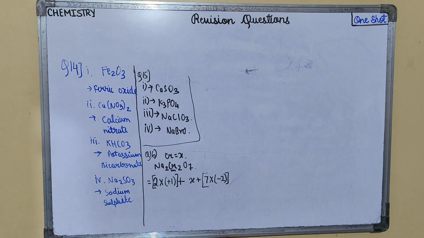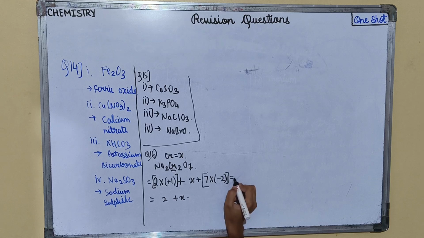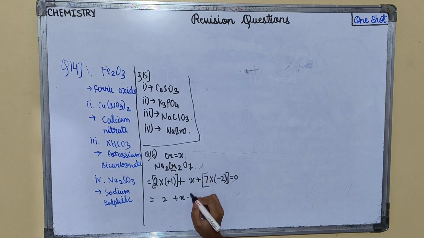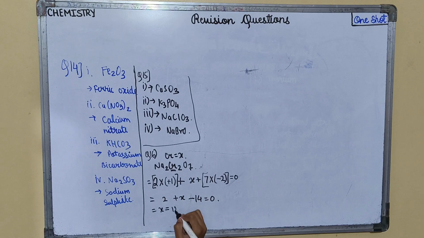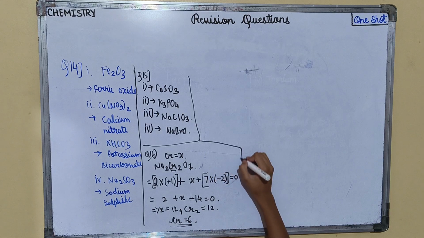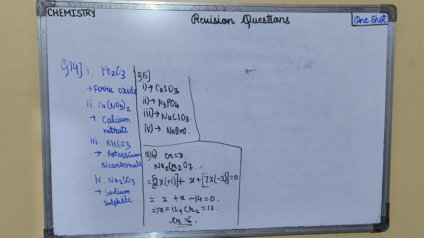Oxygen is minus 2. Then 2 plus 2X minus 14 will be equal to 0 every time. And from here 2X will be equal to 12. So Cr will be 6. This is the answer. Oxidation number of chromium is 6.